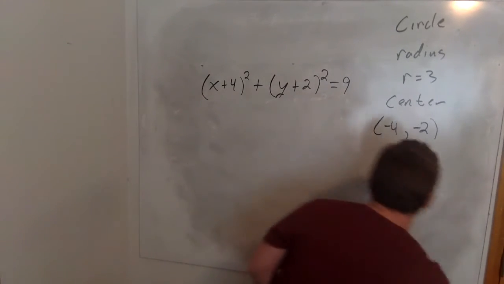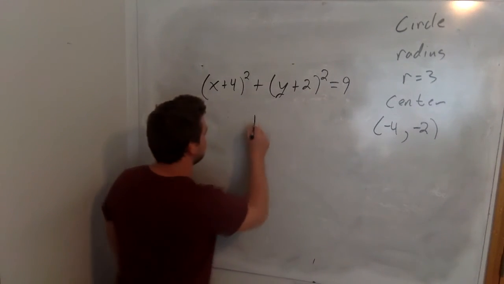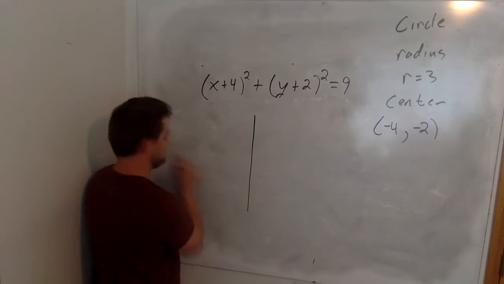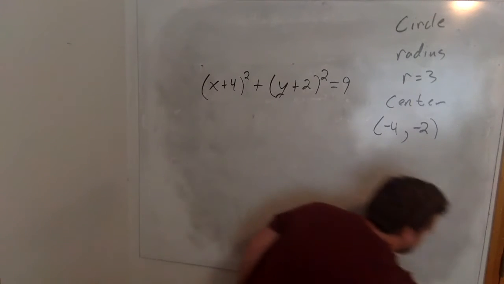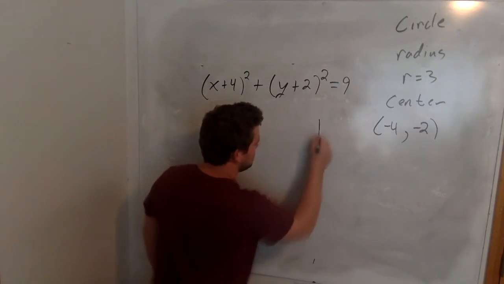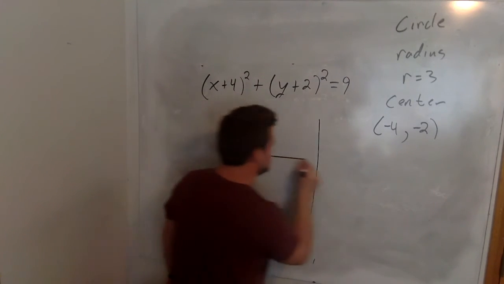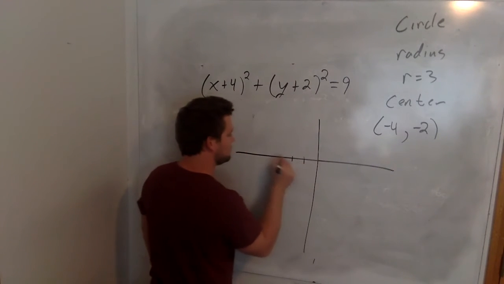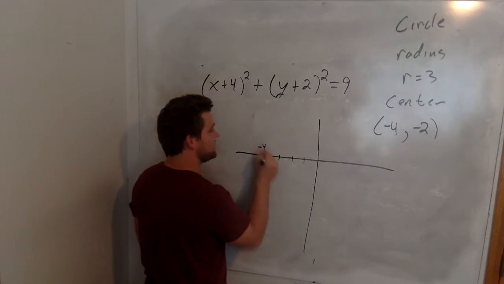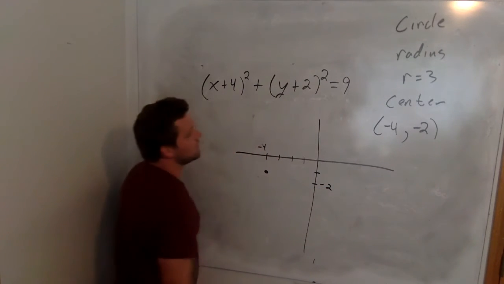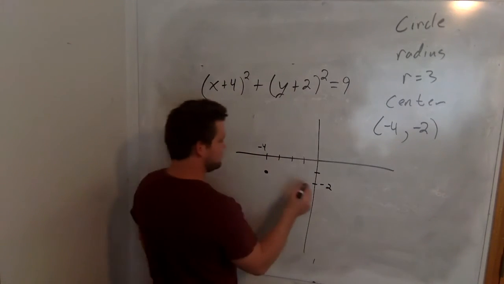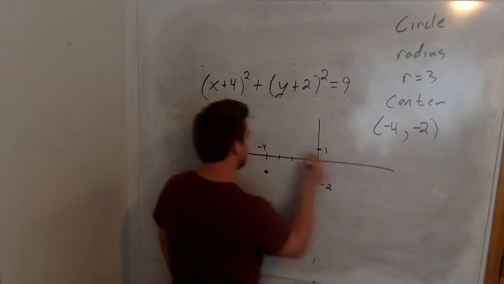All right, let's give it a quick sketch. I think we have enough room. So here's -4, -2. We need to go up 3 units: 1, 2, 3.